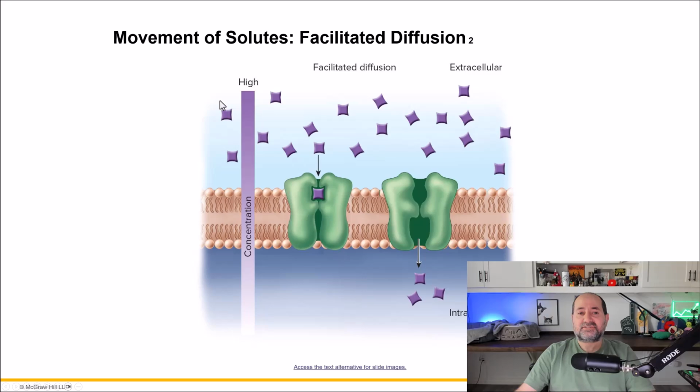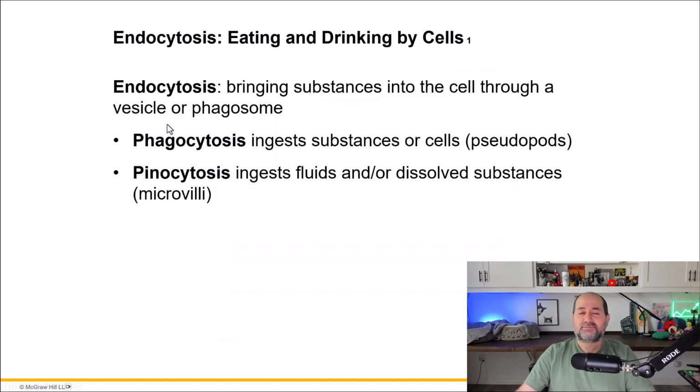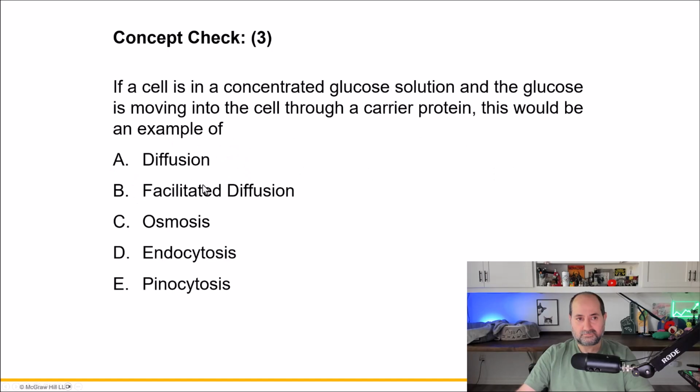And remember, simple diffusion, facilitated diffusion, osmosis, all of these are passive transport examples. Do you remember the difference between phagocytosis and pinocytosis? One involves ingesting solids and the other one liquids.